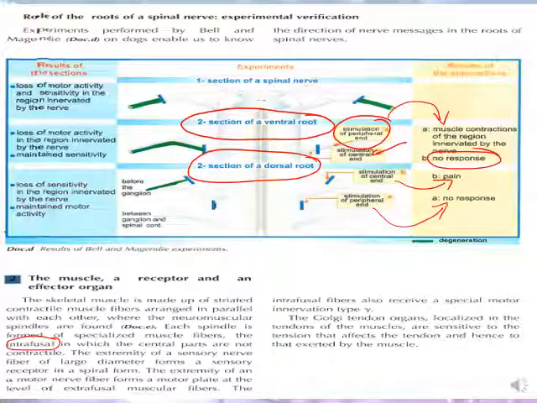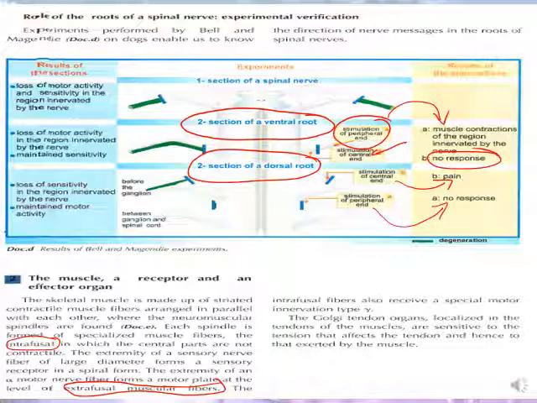The extremity of a sensory nerve fiber of large diameter forms a sensory receptor in a spiral form. The extremity of an alpha motor nerve fiber forms a motor plate at the level of the extrafusal muscle fibers. These are the extrafusal muscle fibers. The intrafusal fibers also receive a special motor innervation of type gamma.